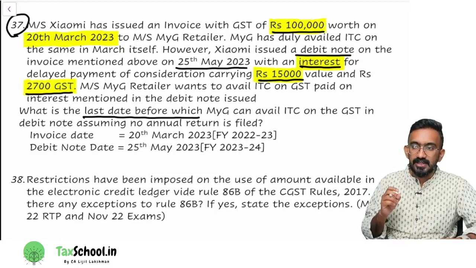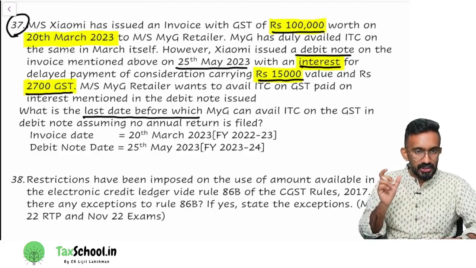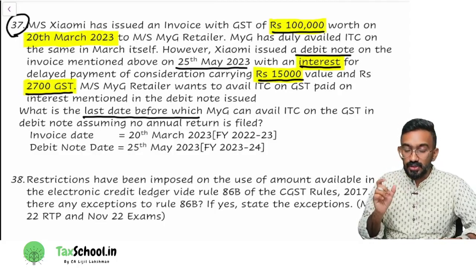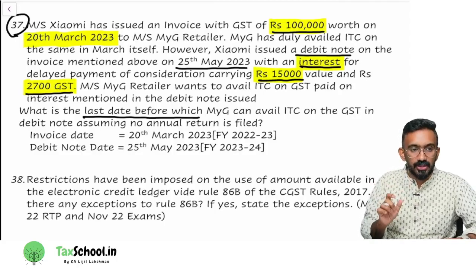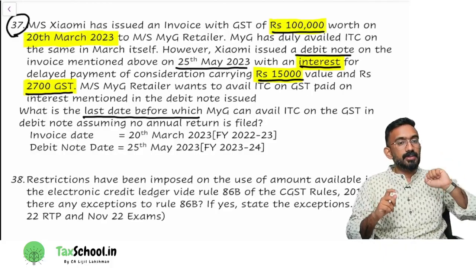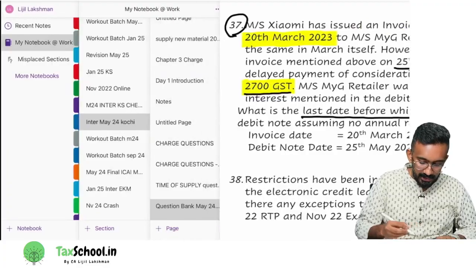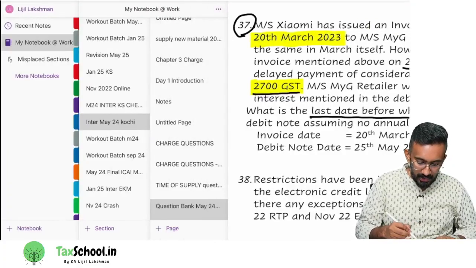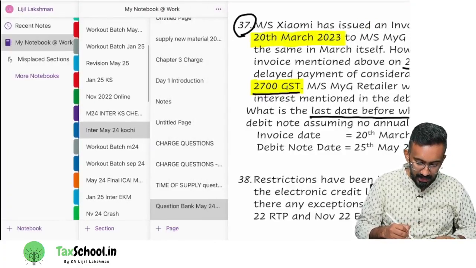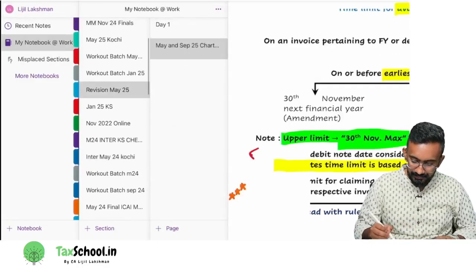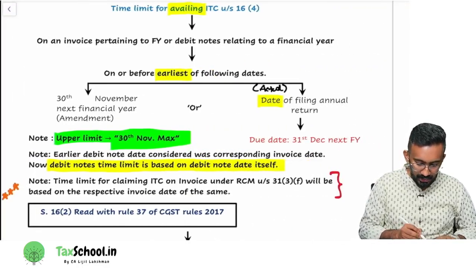Should I have separate time limit for original invoice and separate time limit for debit note, or debit note ITC will be computed based on invoice date? This is what is clarified by the point that I have given you in the notes. Let's just read that point, then come back to this question. Look at note number 1 here.